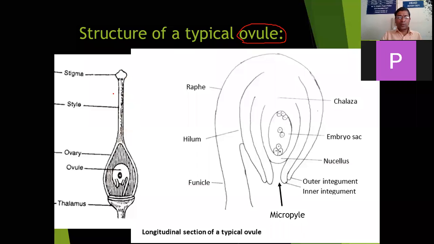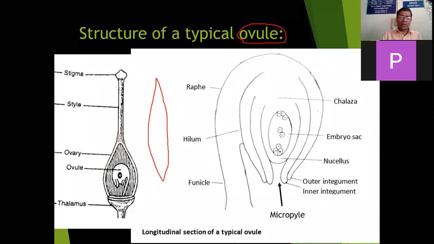So suppose this is a plant that consists of a single ovule. Then after the fertilization, this particular flower will produce a single seed. Or suppose it is a member of Leguminosae. Now you can see Pisum, the pea plant.